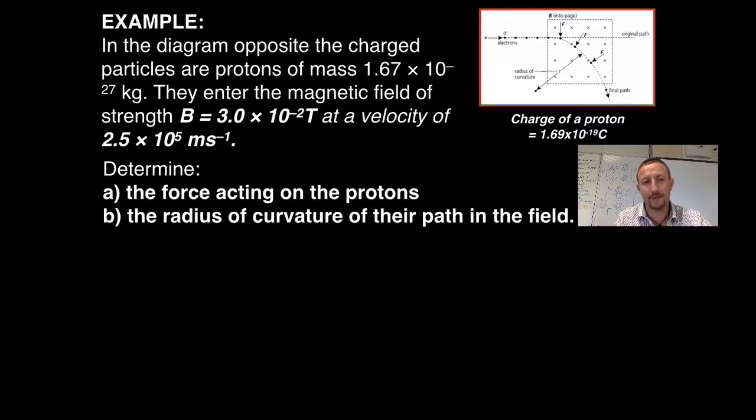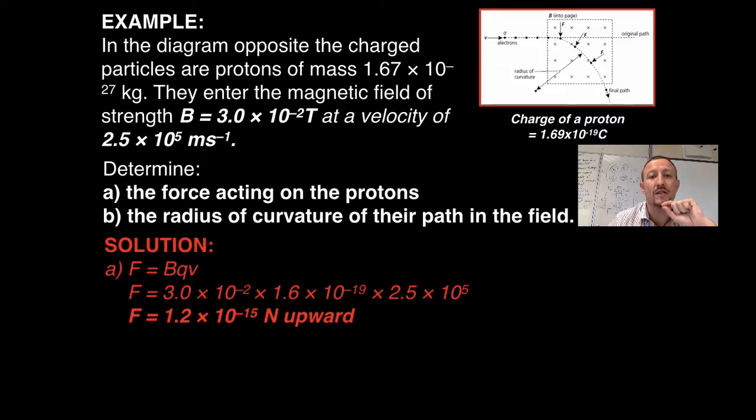So what is it? How is it deflected? Let's look at the first situation. In this case, we know the charge of our proton, because it states under the diagram, it is 1.6 times 10 to the negative 19 coulombs. We know the mass of our proton. The force will be calculated using BQV, so the force equals BQV.